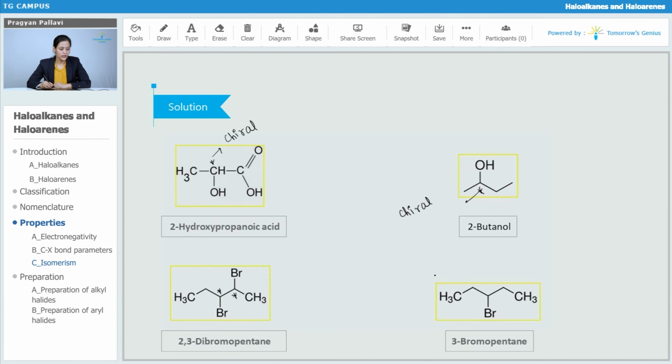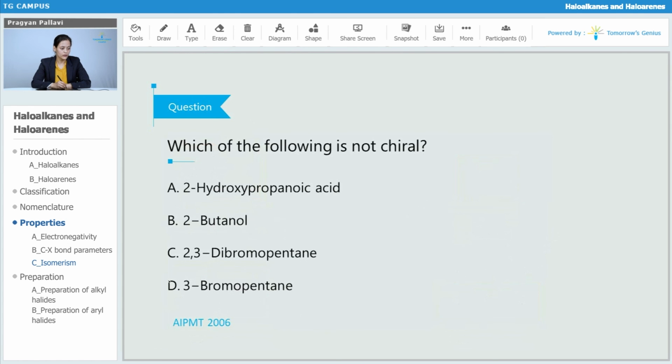Then look at option D, where it is 3-bromopentane, and if we look at the structure, we have one carbon where we have this hydrogen, we have this bromine, and these two are basically the same substituents, ethyl groups. Hence this carbon is definitely not chiral. Since in the question they have asked which one is not chiral, definitely option D will be the correct one.